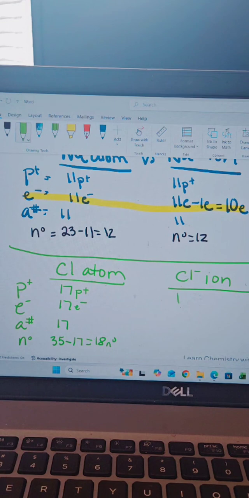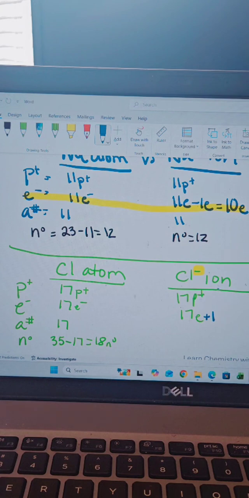Chloride ion, my protons are going to stay the same. My electrons are going to do a switcheroo. I initially had 17. But guess what? Because of that -1 charge right here, in chemistry, we add. Whenever it's negative, you add. So think about it. If your checking account is in the hole by $1, you better add $1 to get it back, to bring it back to balance.